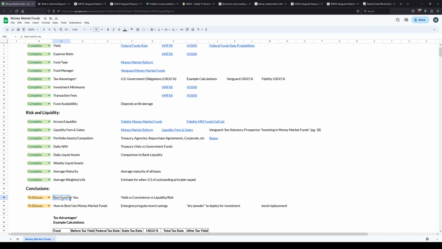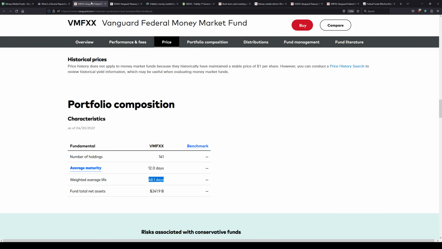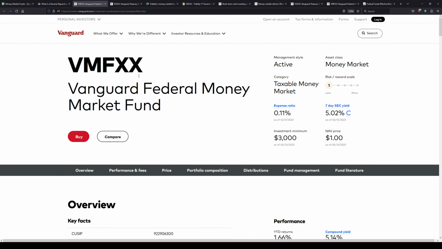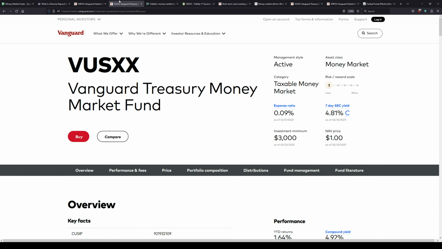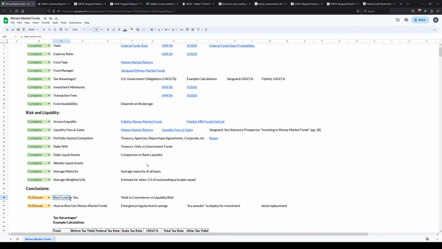That being said, after evaluating all the fund options across both Fidelity and Vanguard, two of the biggest brokerage houses there are, I think if you have a Vanguard account or are willing to create one, picking between the Vanguard Federal Money Market Fund and the Vanguard Treasury Money Market Fund are likely two of your best options. The reason for this is they have the most competitive yield, primarily as a function of having the lowest expense ratio.